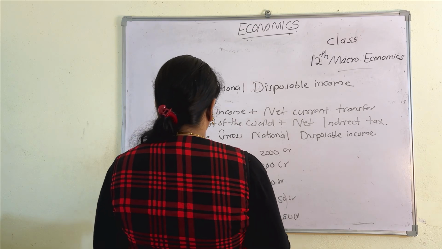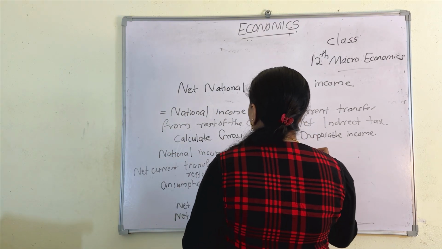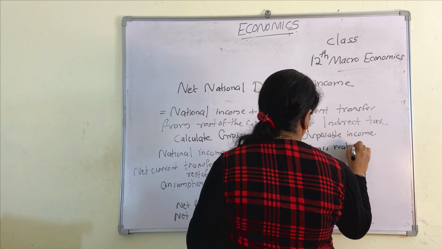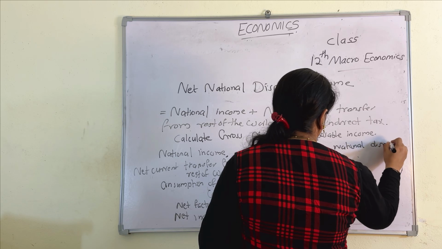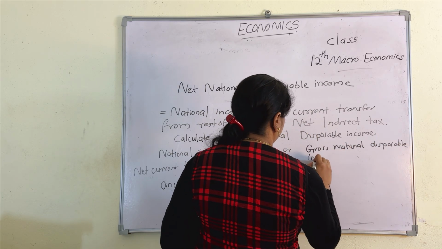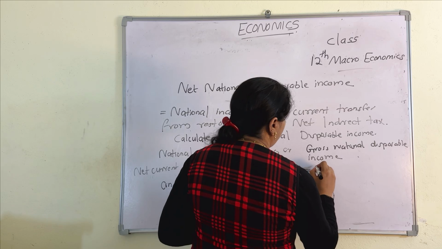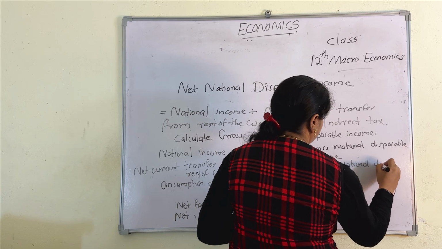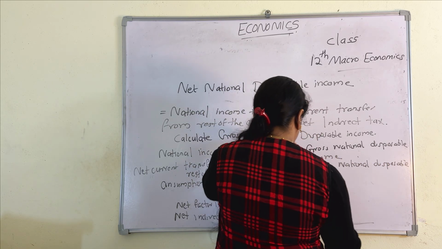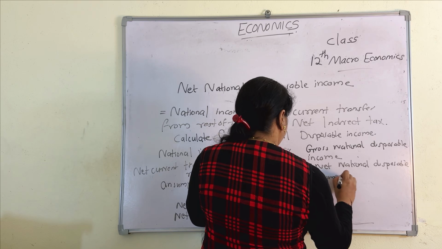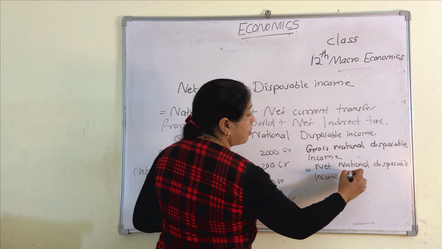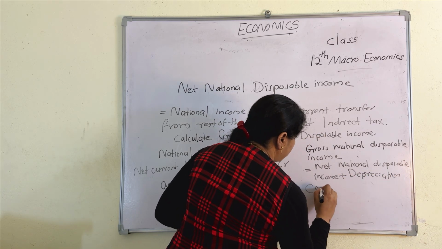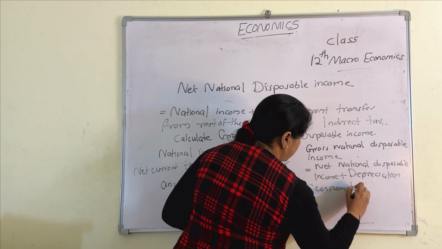So you have to write the formula first, that is, gross national disposable income is equal to net national disposable income plus depreciation, that is consumption of fixed capital. Consumption of fixed capital is the same as depreciation.